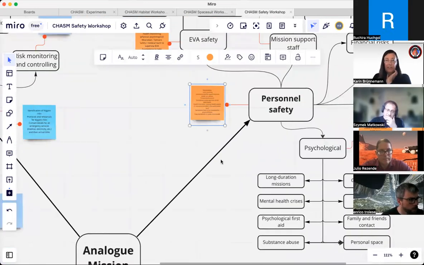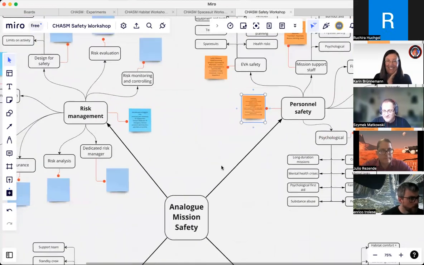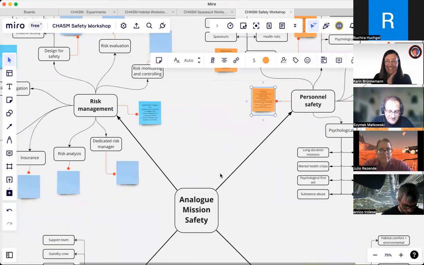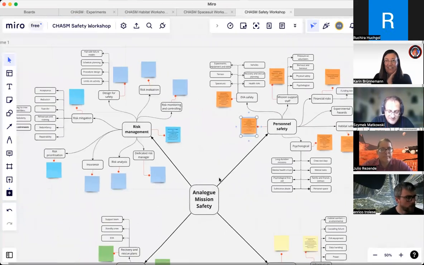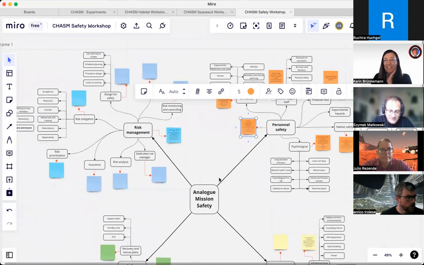Yes, Ruchira, just fire away. As we're talking about communication protocols, I was thinking about how in airplanes we record the conversation that goes on between the pilot and the air traffic control.